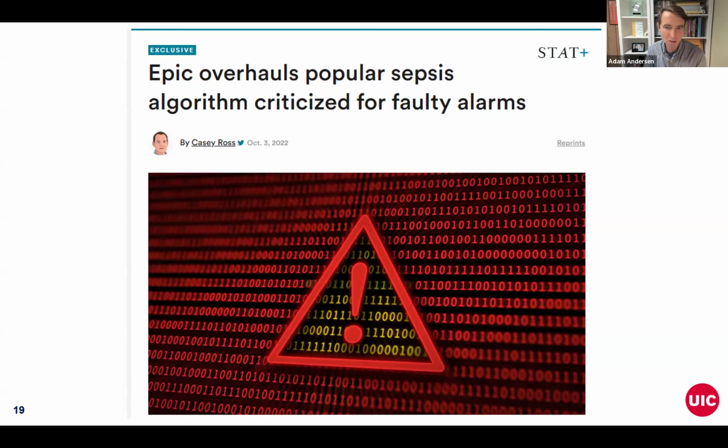So the accuracy of the model, and how biased that data is, really matters when you're thinking about deploying these AI applications. And that brings me to the final part of this talk, which is about ethical concerns.